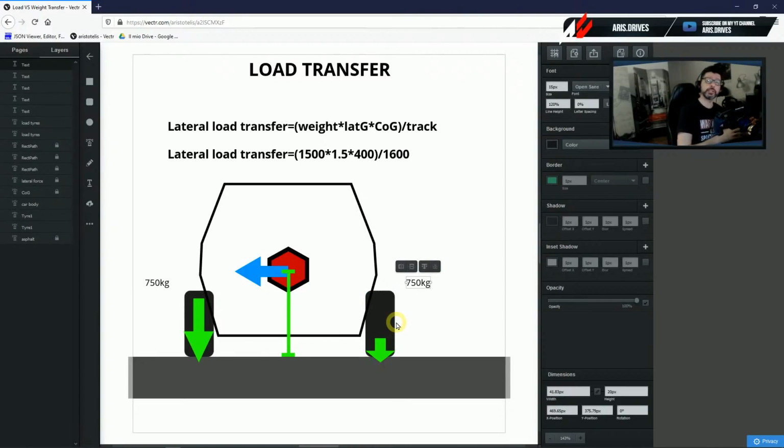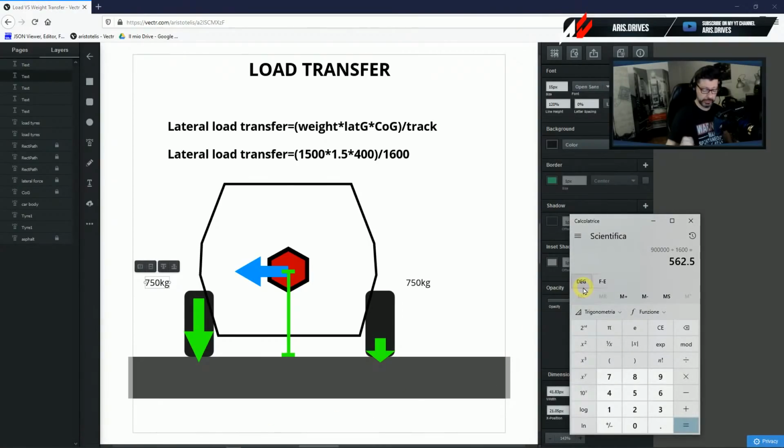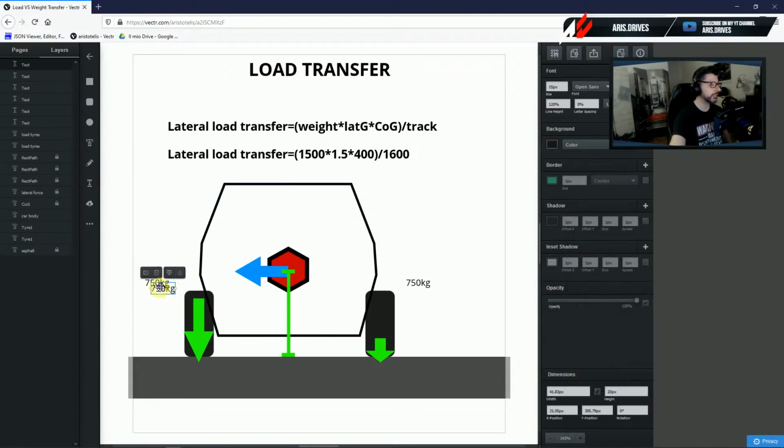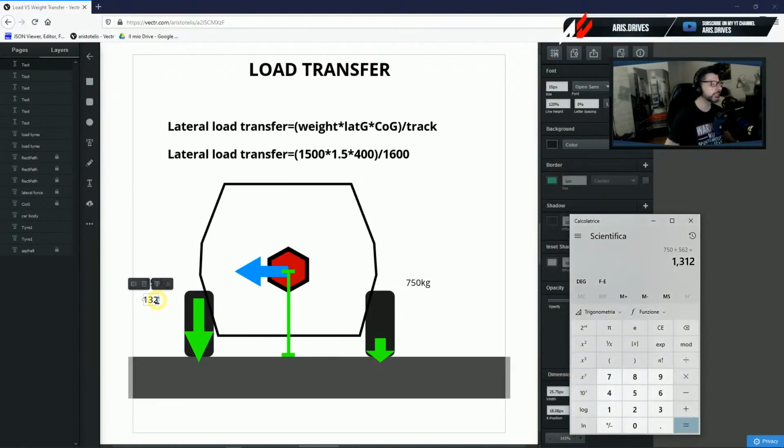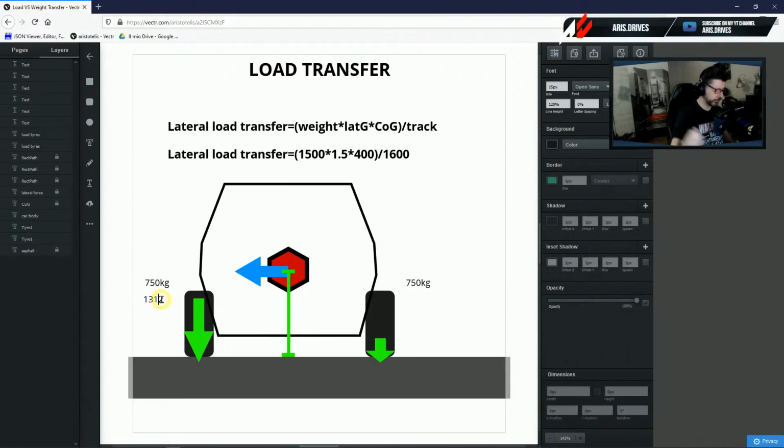Now, when the car starts to turn at 1.5 G, you get 750 kilos plus 562. So you get 750 plus 562, about 1,312 kilos on one side, okay?